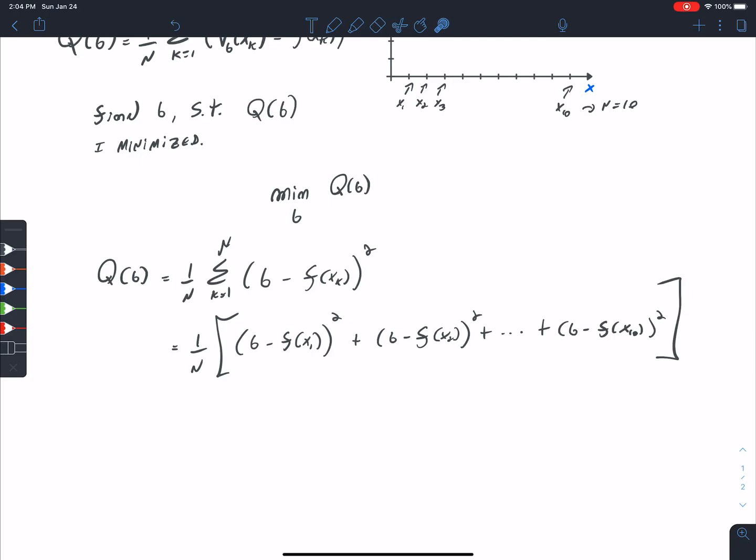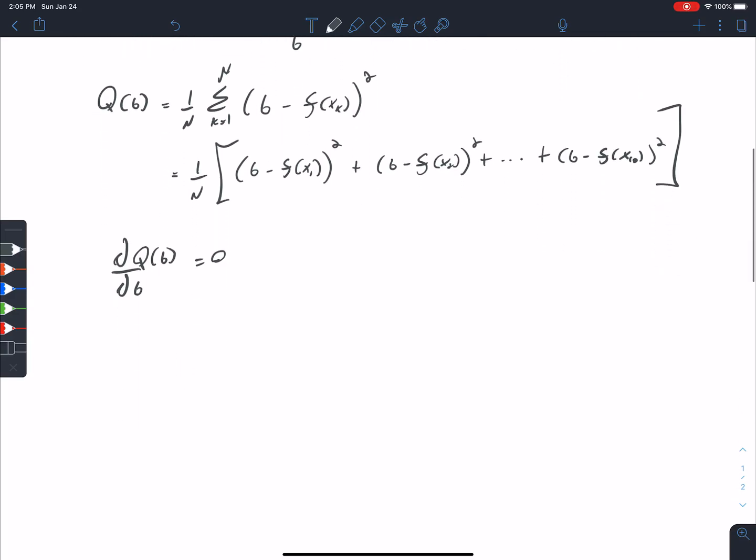And you might remember from calculus, how do we find the minimum of this function? The easiest, simple way is to compute the derivative of this function with respect to the parameter b, and then set it to 0, and find the b that satisfies this equation.